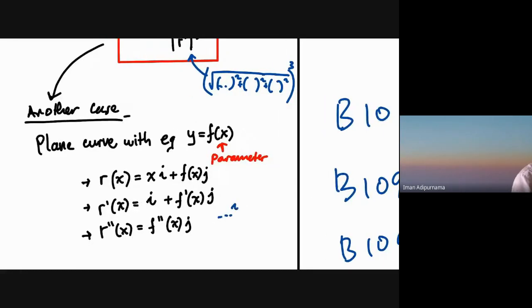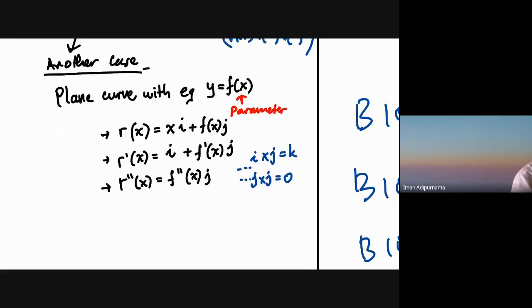Remember that i cross j is k, and j cross j is 0. So if we cross r prime with r double prime, j cross j is 0, and i cross j is k. So it will be f double prime of x k.